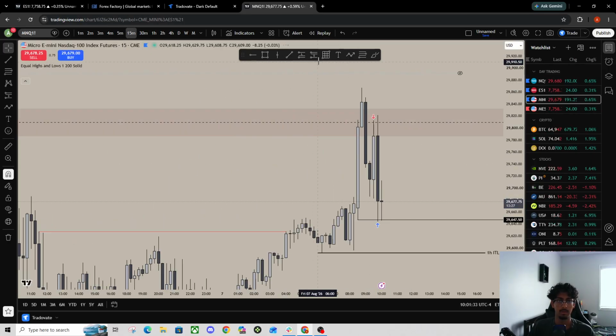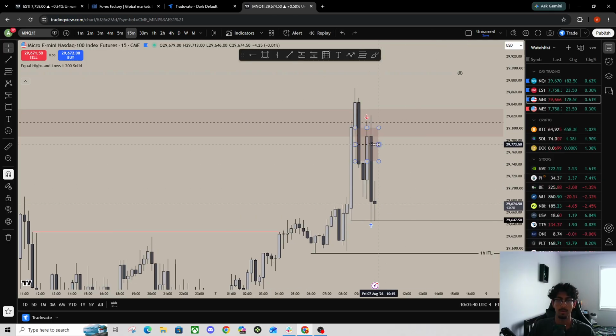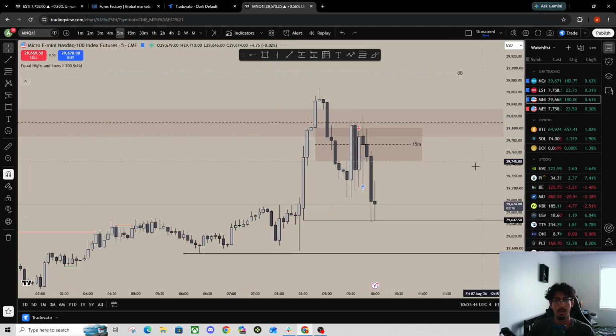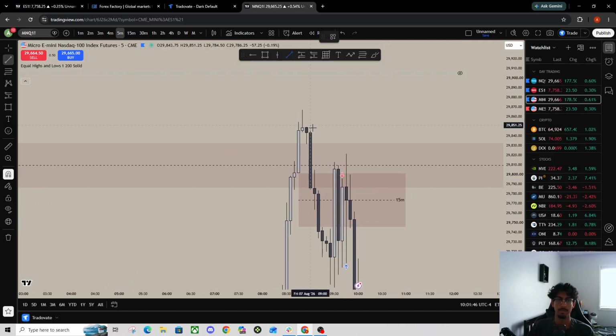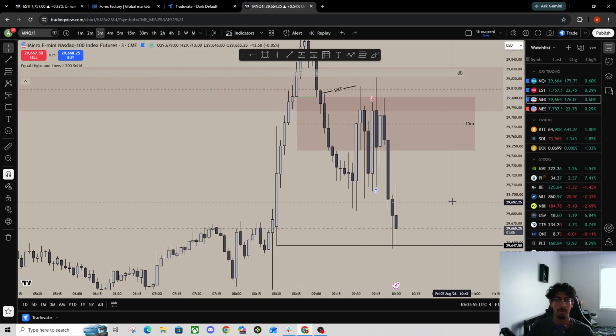And here, let me mark it out. So 15-minute bearish gap right here. And we also had an SMT in this key level, SMT off of that 5-minute gap right there.